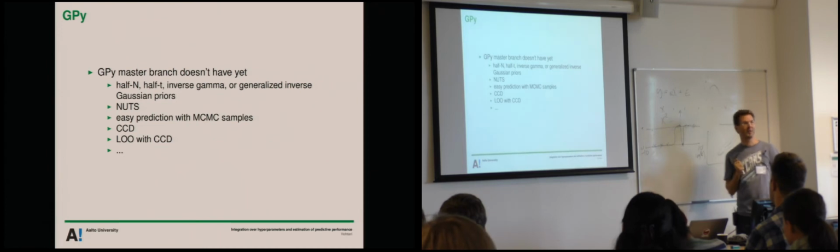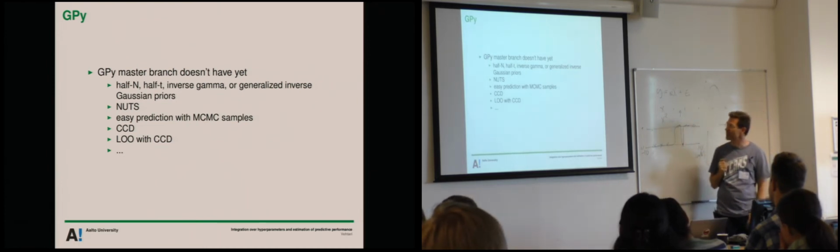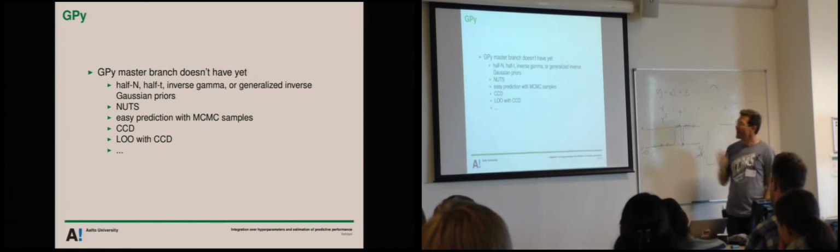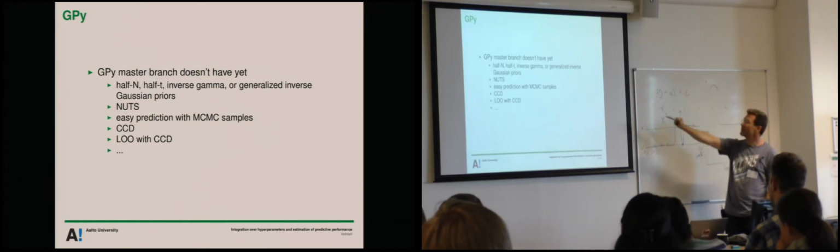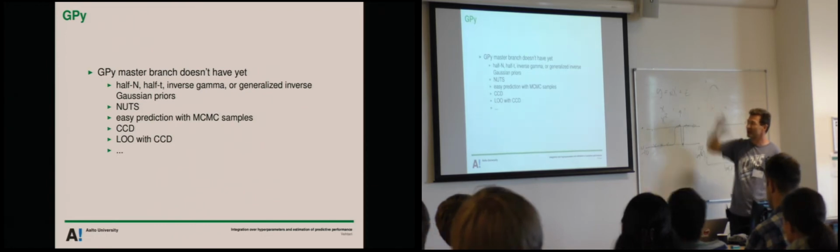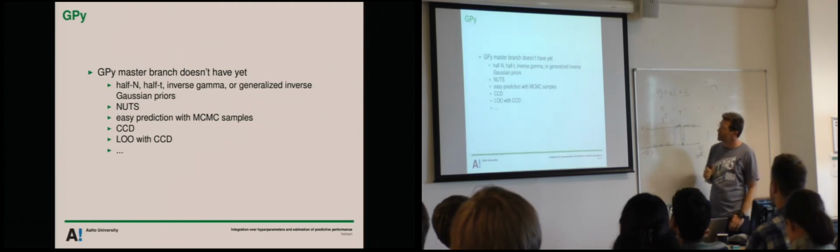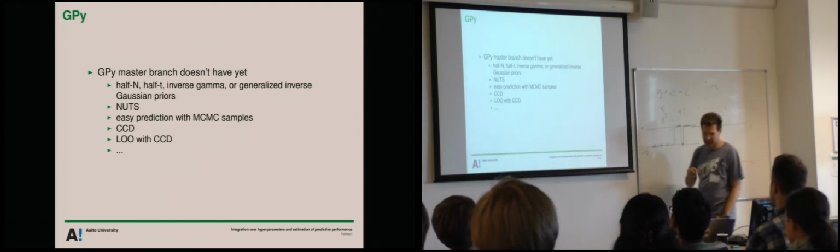It would have been, but then Alan asked that it's not merged before this summer school. And then I think that I don't have time to talk much about leave-one-out. I'll still talk about MCMC and CCD, but these leave-one-out cross-validation things are not yet there, but soon.